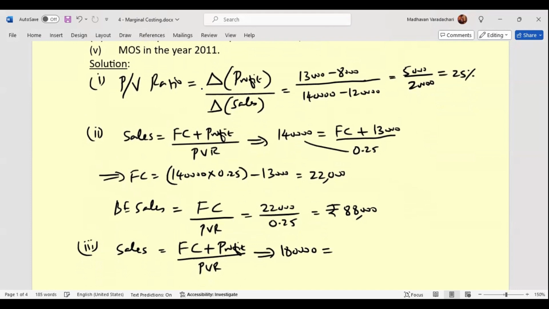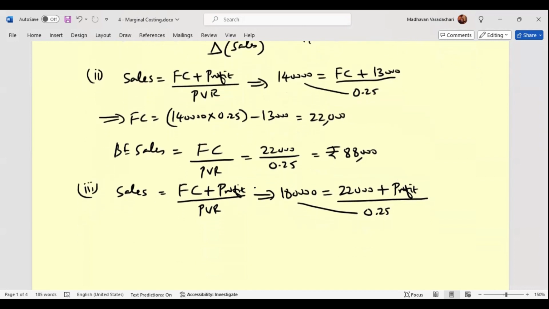Fixed cost, just now we calculated it is 22,000. We need to find out the profit. PV ratio is known to be 0.25. Again, cross multiplying, we will have profit is equal to 1,80,000 multiplied by 0.25 minus 22,000. We calculate, we get the profit as rupees 23,000.